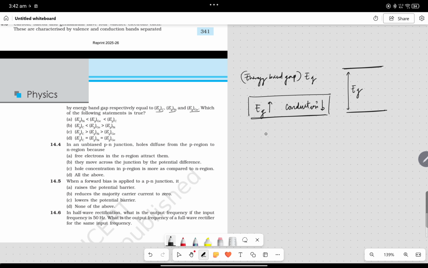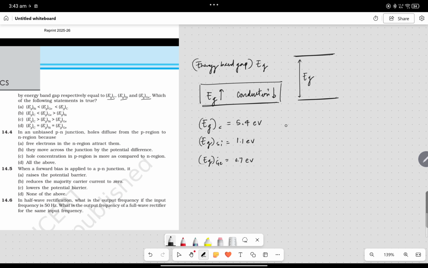So this is the relation we have, right? So now what we have to do is, E_GC, the value of E_GC, that is diamond, we can say that it is 5.4 eV. For E_G silicon, the value is approximately 1.1 electron volt, and for E_G germanium it is approximately 0.7 electron volt.